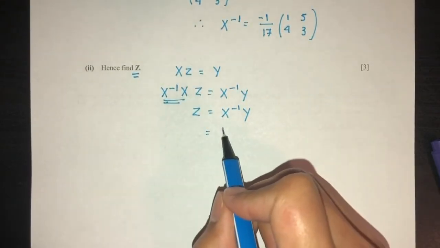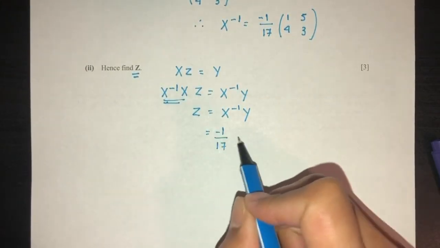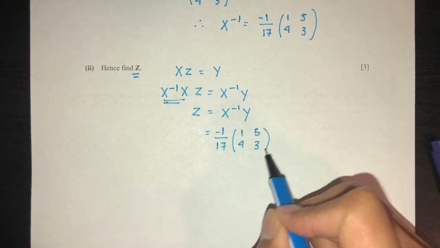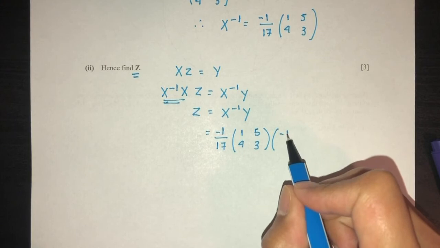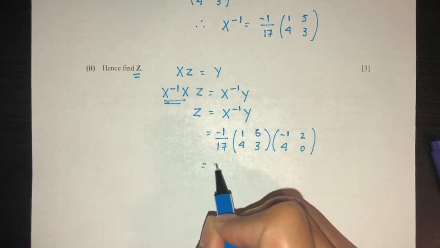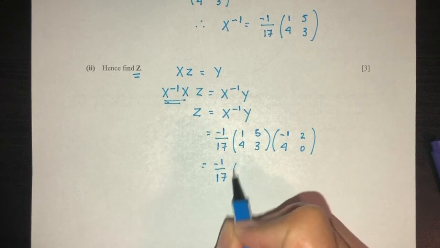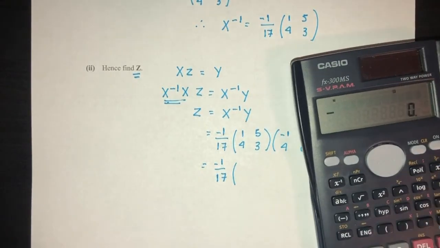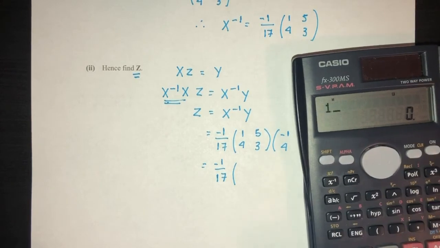So X inverse is minus 1 over 17. That will be 1, 4, 5, 3 times Y. Y has been given to you, minus 1, 4, 2, 0. Now let's simplify. Let's see what do we get. So rows by column. So first one we have is 1 times minus 1 plus 5 times 4.